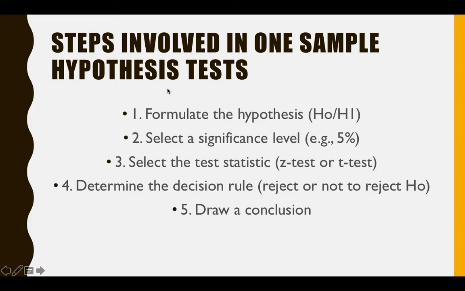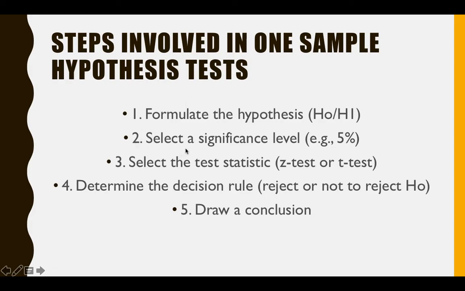I'm pretty sure in the lesson that we have learned previously, last week or the week before, you learned how to write the hypothesis from a statement. Given a statement, you should be able to write what is H0, the null hypothesis, and what is the H1, the alternative hypothesis.